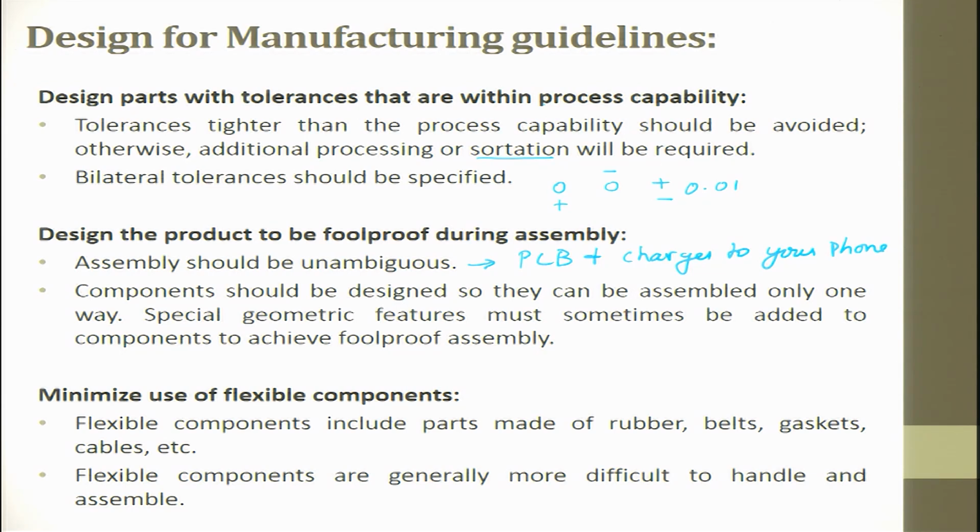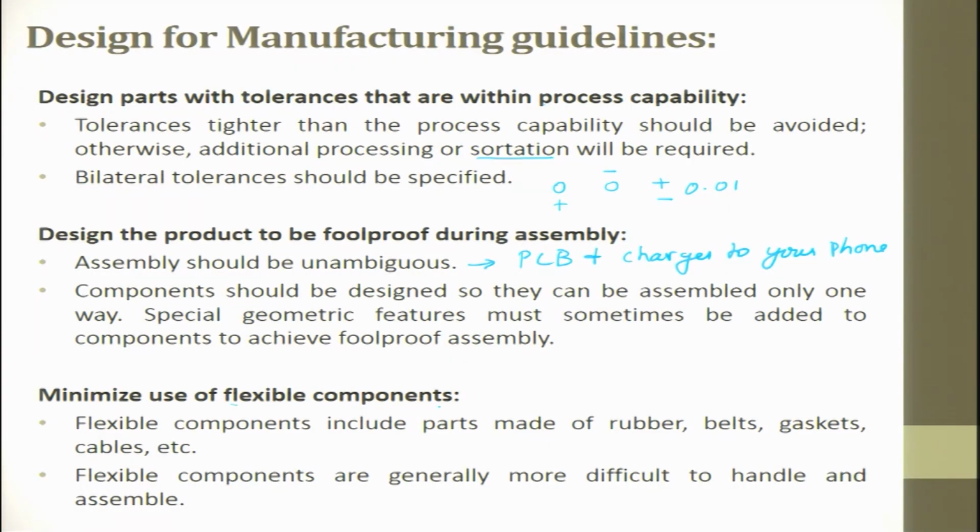Components should be designed so that they can be assembled only one way. Special geometric features must sometimes be added to the component to achieve foolproof assembly. For example, when you insert a RAM into the slot, you can do it only in one direction. If you do it in the other direction, you will not be able to push the RAM into the slots when you assemble personal computers.